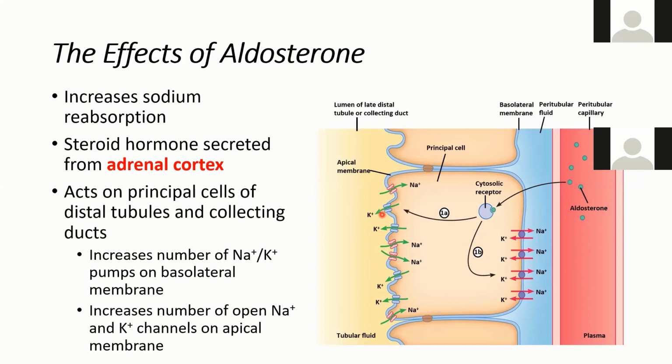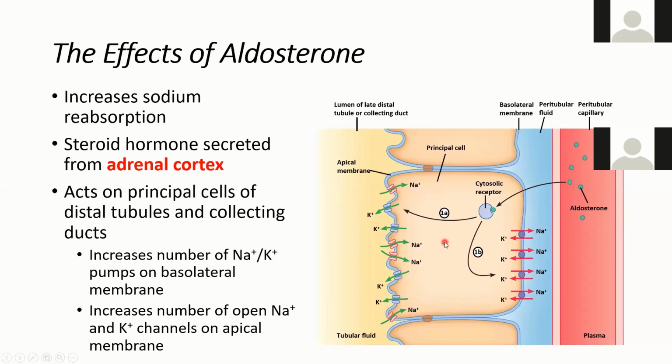So opening up a potassium channel causes secretion because that sodium-potassium pump on the basolateral membrane basically makes sure that sodium and potassium have the opposite concentrations of each other. So it keeps our sodium concentration in the cell low, but it keeps our potassium concentration in the cell high.